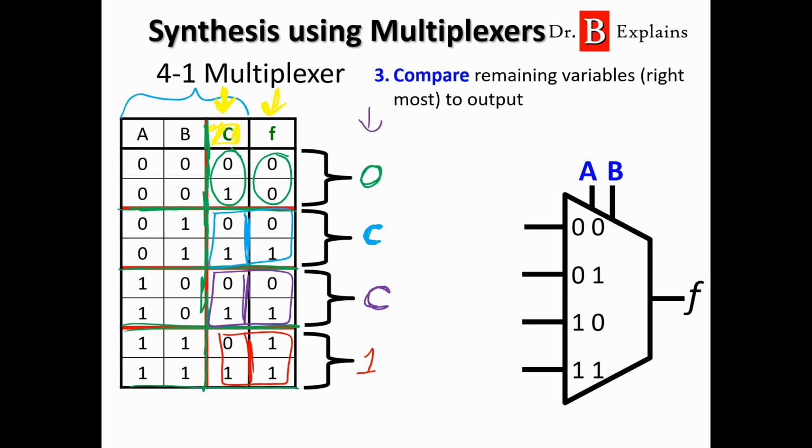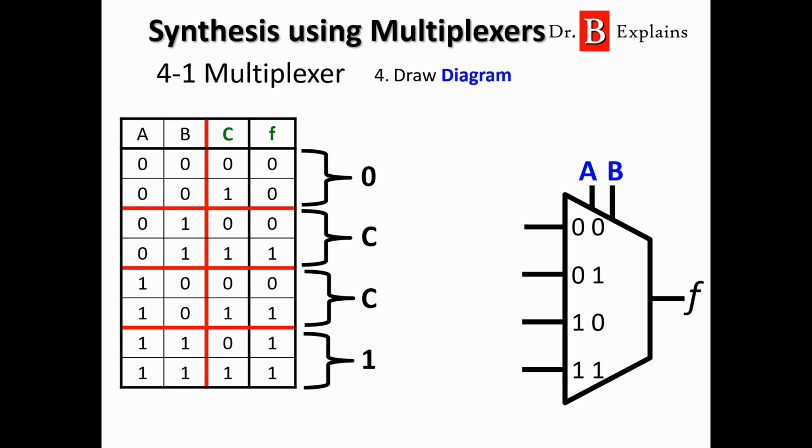The last step is that we're going to draw the diagram. Once I have 0, C, C, and 1, we're going to do the diagram. We have our multiplexer, we have A and B, and for my first block I'm just going to put a 0, because whenever I choose A, B as 0 0, F is always 0.